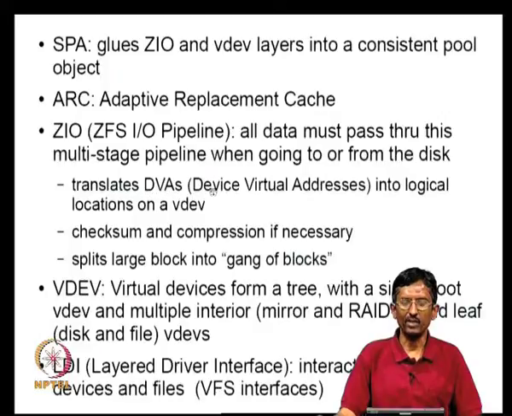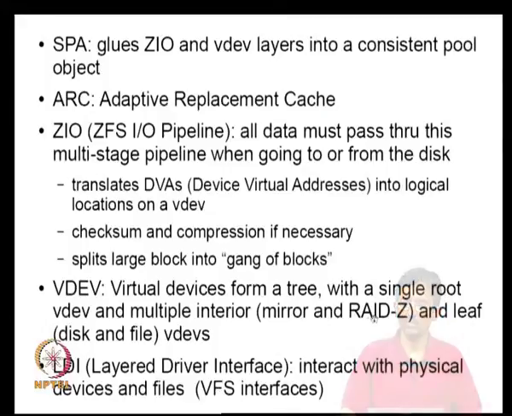Again, one important thing it has to do is to take these virtual block addresses and convert them into actual physical locations. That translation has to be done here. And the VDEV finally is the thing that handles whether it is mirroring or RAID, etc. This is the part we will go into in detail soon.